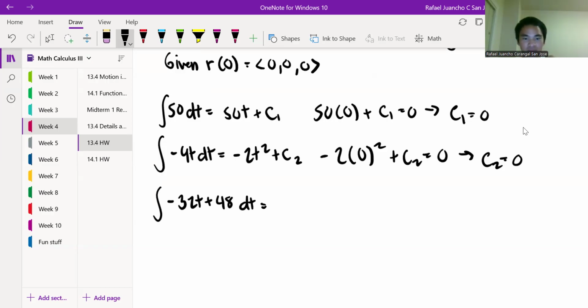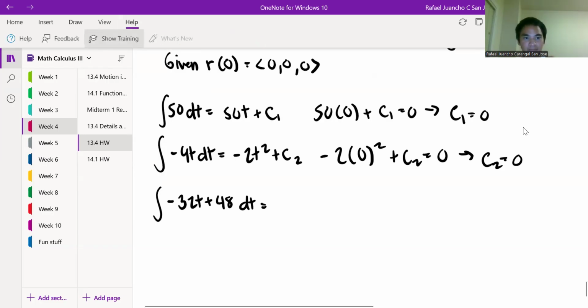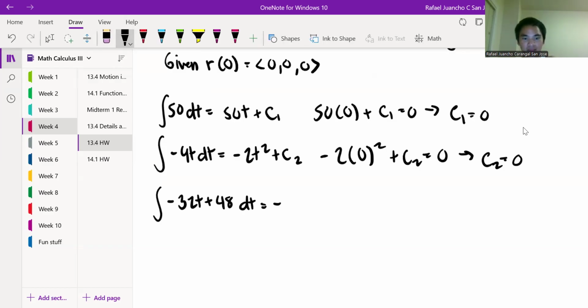dt. And this is equal to, so if I integrate it, right? 32 over 2, that's 16. So I get negative 16t squared here. Then here I get 48t, and I get some constant. Okay, and I substitute everything with 0.